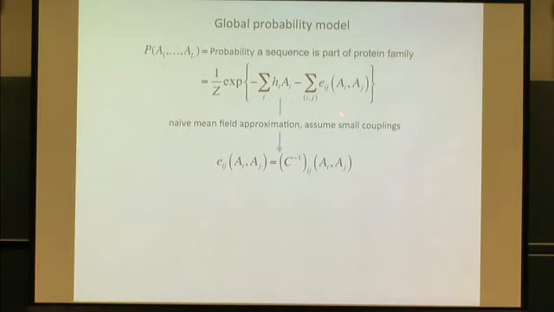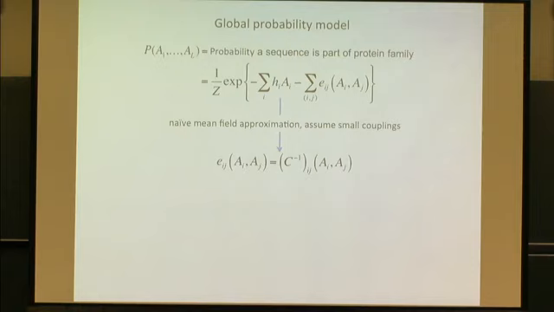If there's a parameter in front of this interaction term, it would be small. In fact, you could put an alpha there and say that alpha is small. So in the limit that the couplings are small, you can approximate the E_ij parameters just by inverting the observed covariance matrix, which is, as far as I can tell, very similar to computing a precision matrix.